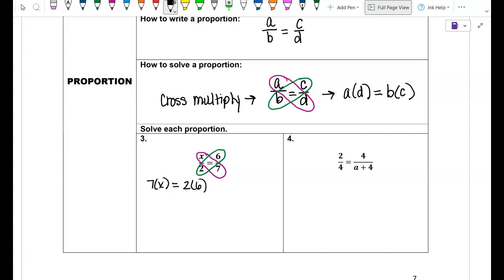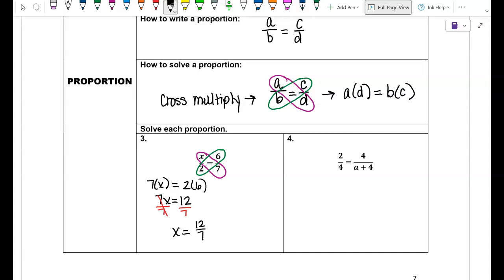Then I need to simplify that, so 7x equals 12. And then I need to divide both sides by 7. So we'll get x equals 12 sevenths.